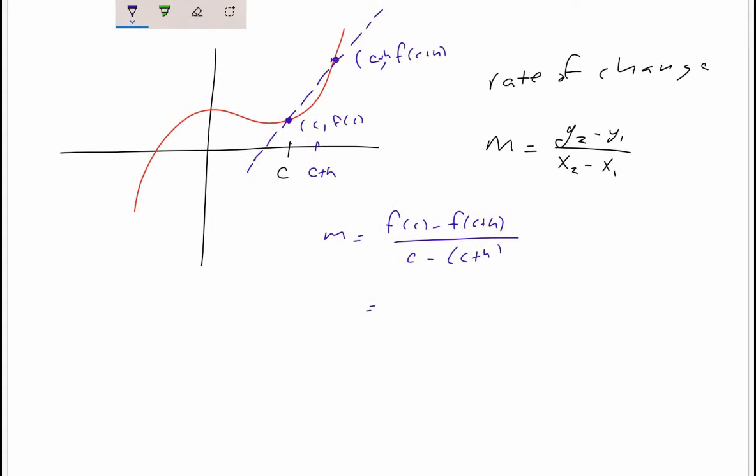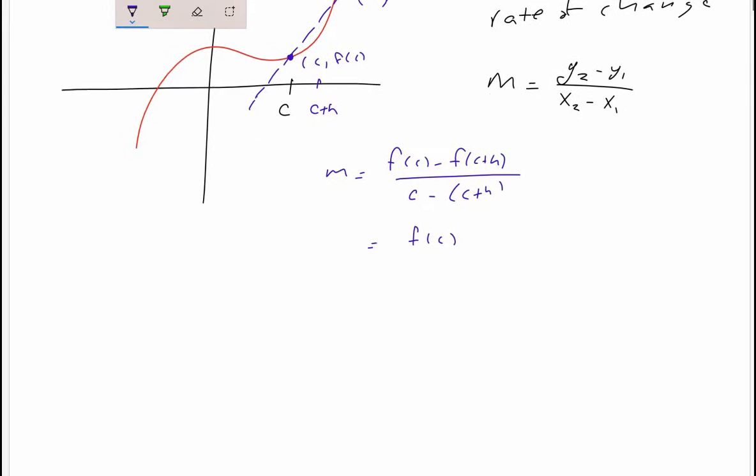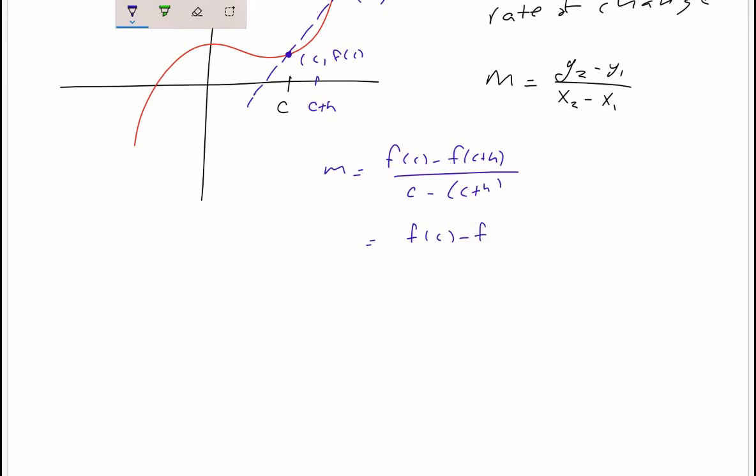Or we could simplify. Now we could change the signs a little bit and say, okay, well that's f of c plus h minus f of c over h.